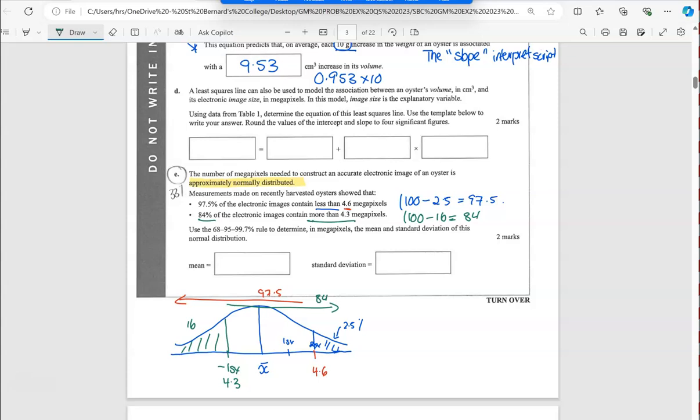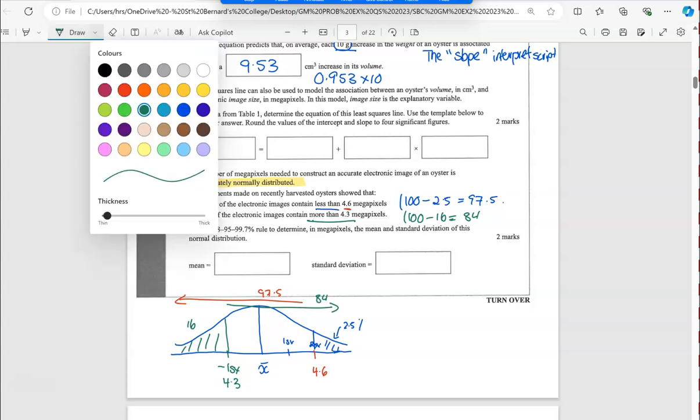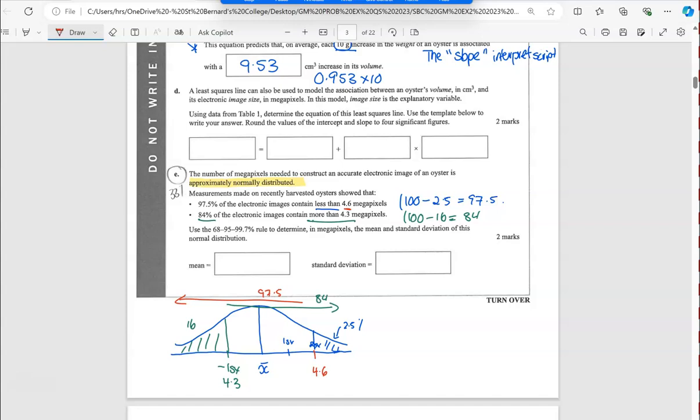Okay, now that we know that, it's asking us to calculate the mean. These little sections here actually equal each other, even though it doesn't look like it on mine. So I've got three equal sections between 4.3 and 4.6.